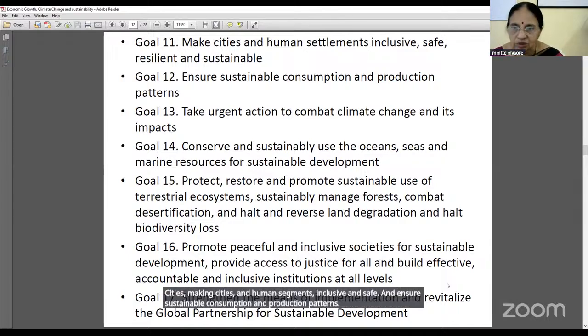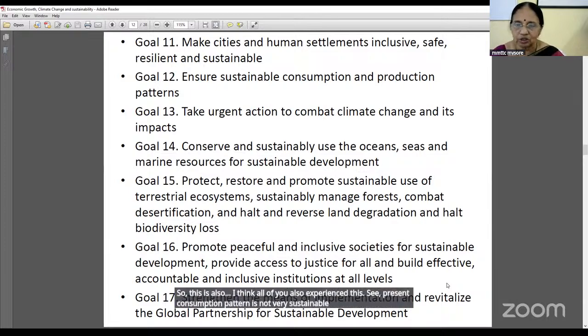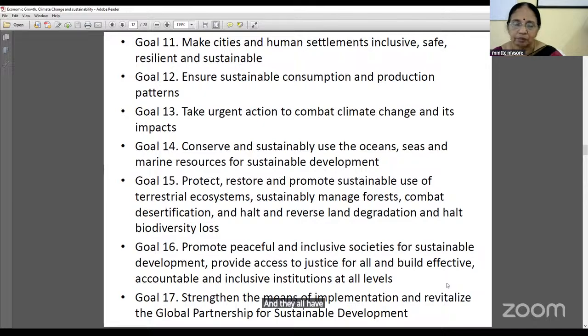I think all of you also experience this. The present consumption pattern is not very sustainable. Use and throw, and where you throw, this is consumption as well as production. See, consumption is one thing, and how you dispose the waste, and they all have environmental implications.